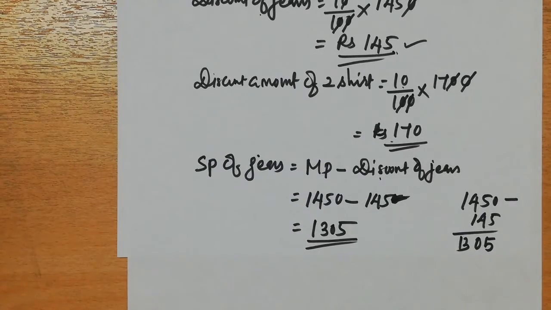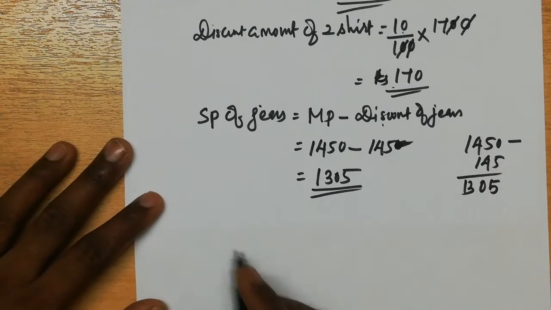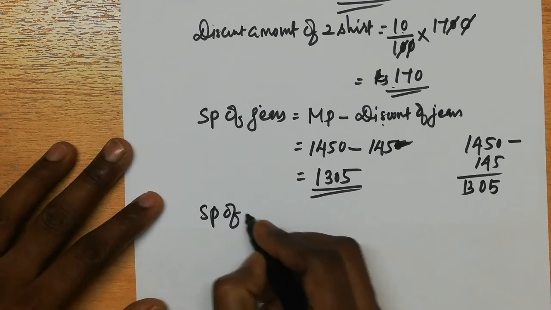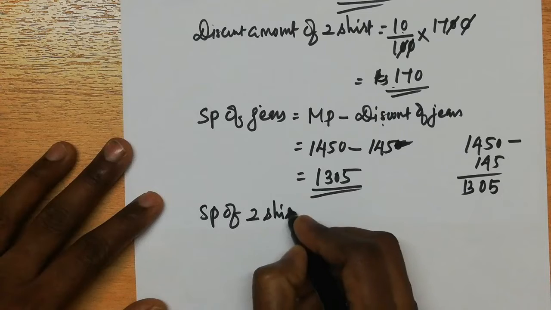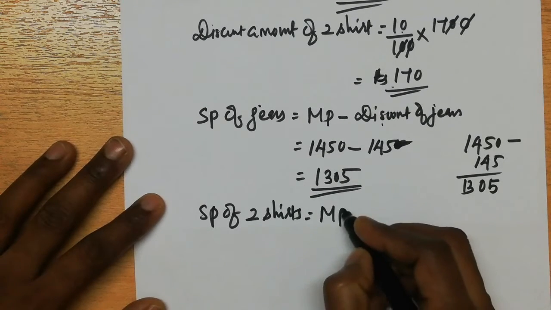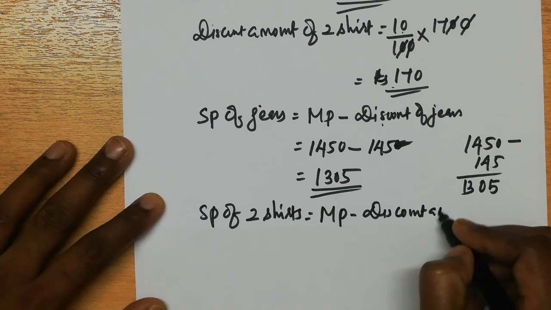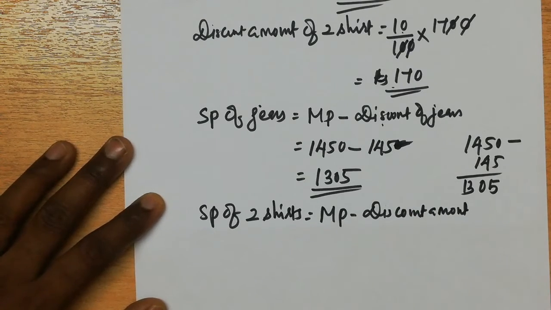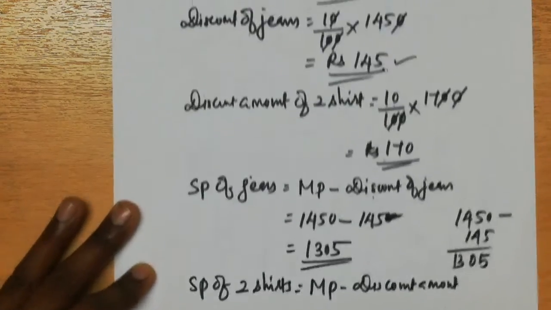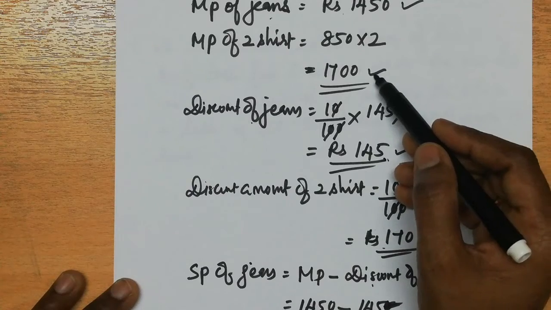Like that we have to find the selling price of 2 shirts also. So we will write the selling price of 2 shirts: marked price minus discount amount. The marked price of the 2 shirts is 1700.